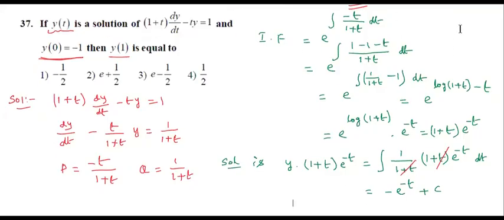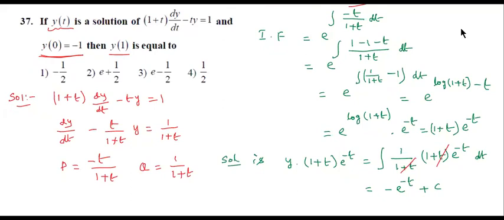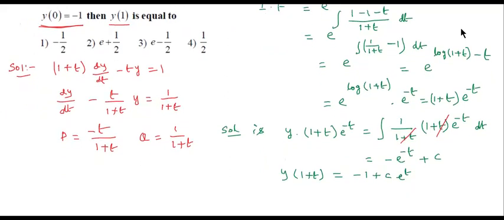Now take e power minus t common on the right hand side, and the remaining part I am writing here: y into 1 plus t, e power minus t is going to cancel, minus 1 plus c into e power t will come. Now it is already given that y of 0 is equal to minus 1. That means t value is 0 and y value is minus 1.